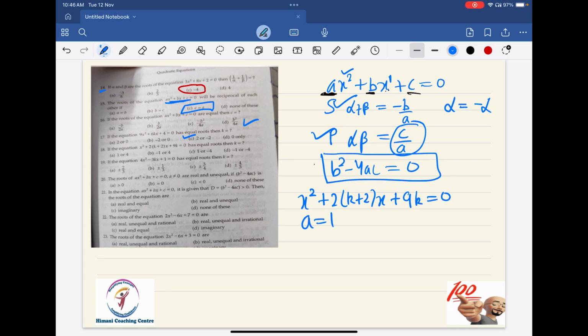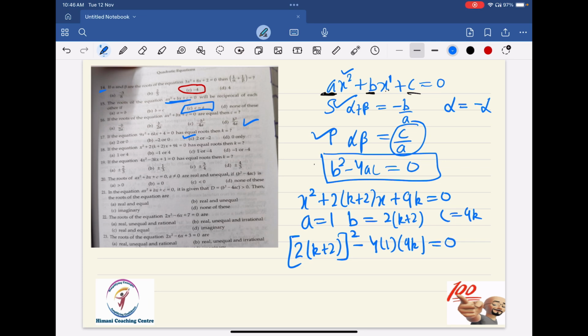Let us find a: a is 1, b is twice of (k plus 2) and c is 9k. So if we do b square minus 4ac, so 2 times (k plus 2) square minus 4 times 1 times 9k, and that is equal to 0.